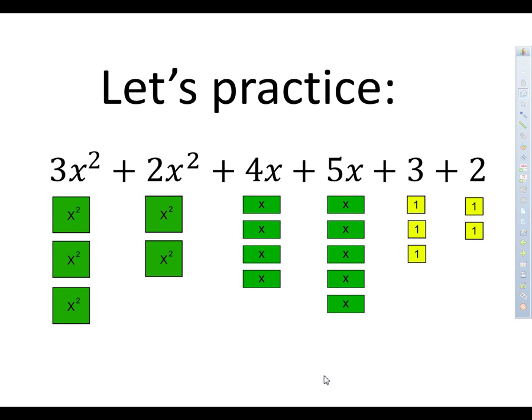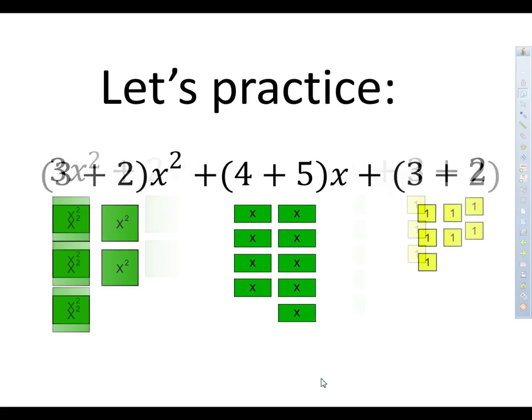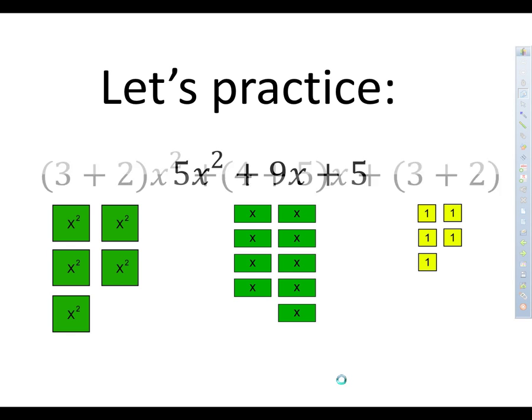Then what we can do is add up the coefficients of each of those terms. 3 plus 2, 4 plus 5, and then we add up the 3 plus 2. Our final result is 5x squared plus 9x plus 5.